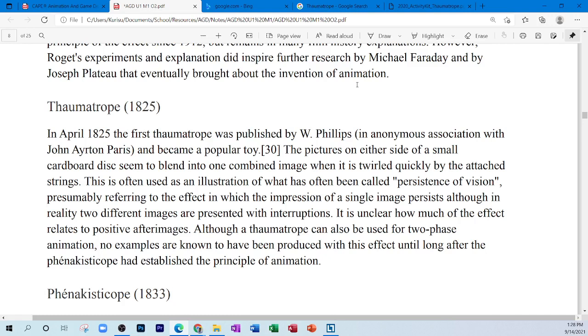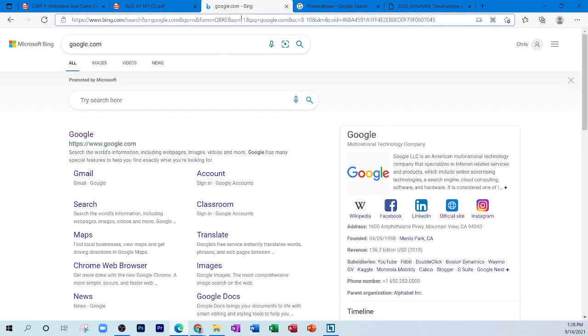It is unclear how much of the effect relates to positive afterimages. Although a thaumatrope can also be used for two-phase animation, no examples are known to have been produced with this effect until long after the stroboscope had established the principle of animation.